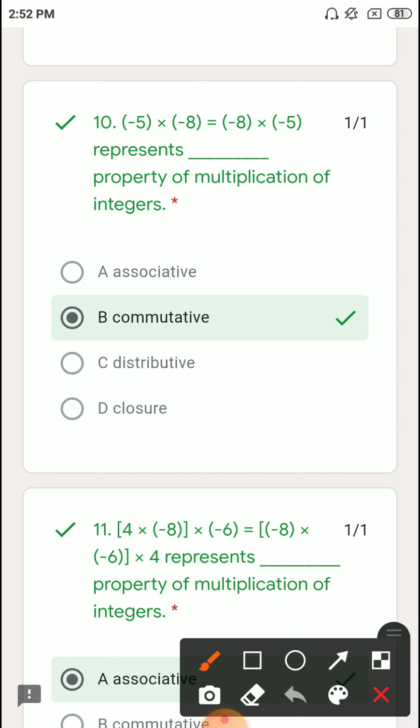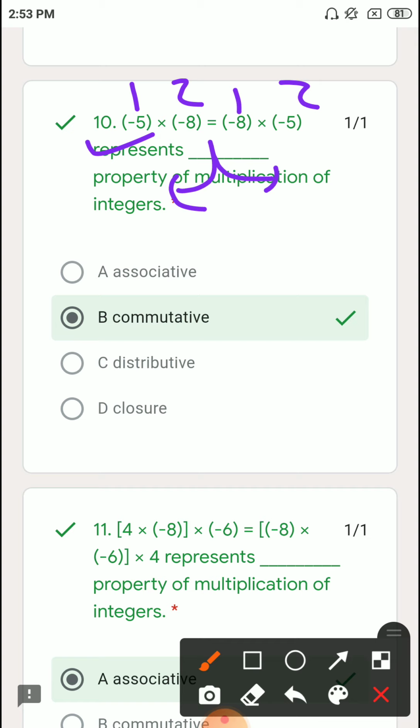And here, if we see both sides of the equality sign, then only the order is changed. Here minus 5 is at first position, here at second position; here minus 8 is at second position, here first position. That means here only the order changes.